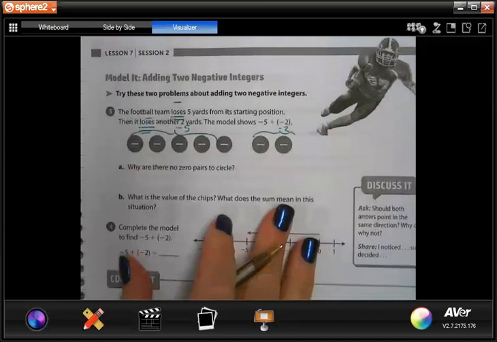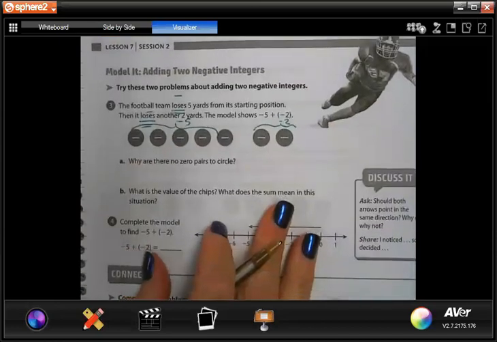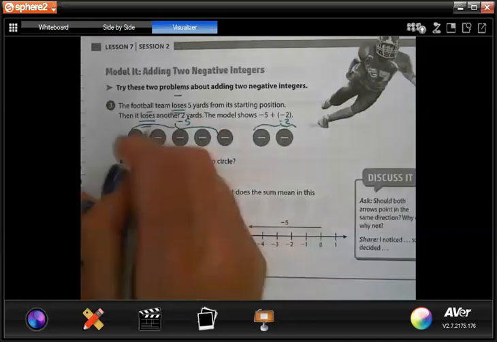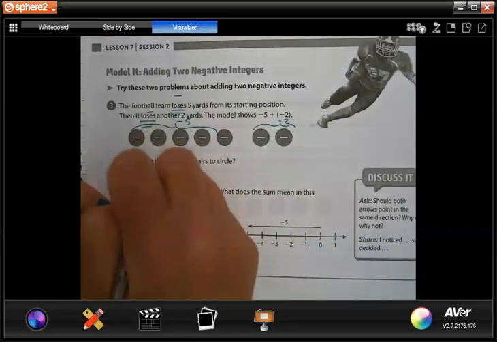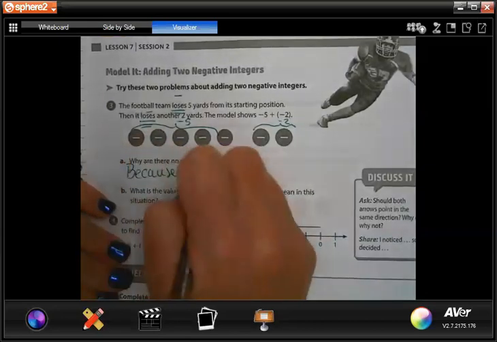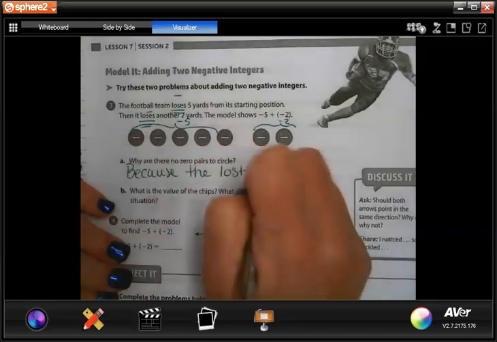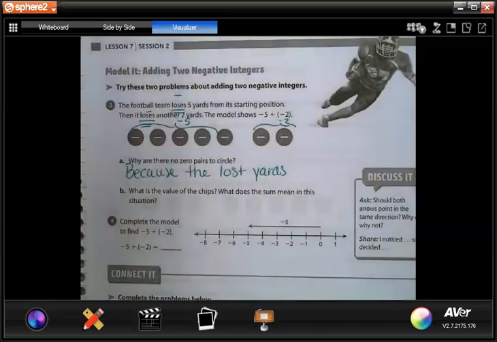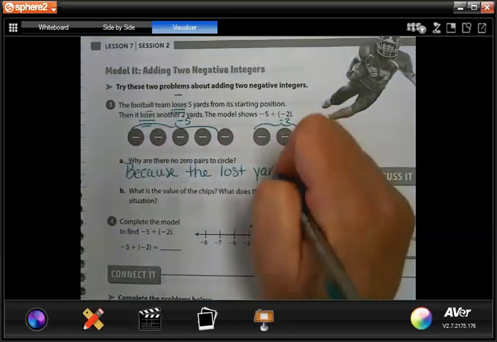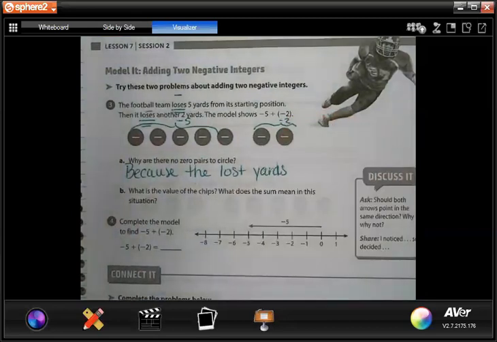The first question that I'm asking you is this: are there any 0 pairs to cancel out? No, there's not, because they lost yards. Both possessions, they lost yards, so they're both negative.